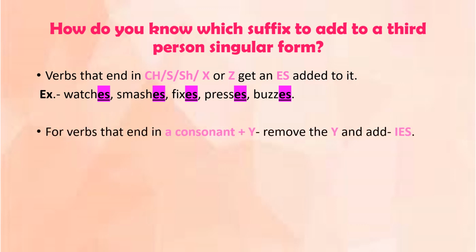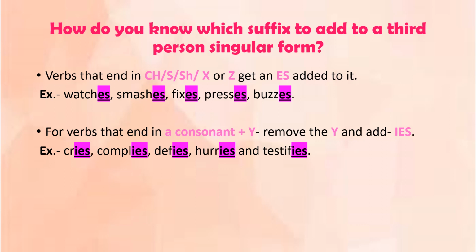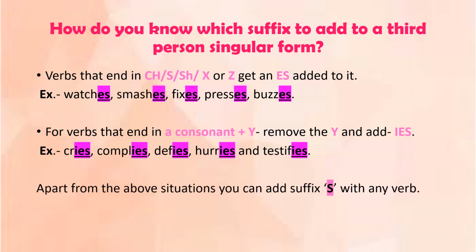For verbs that end in a consonant plus y, remove the y and add ies. For example, cries, complies, defies, hurries and testifies. Apart from the above situations, you can add the suffix s to any verb.